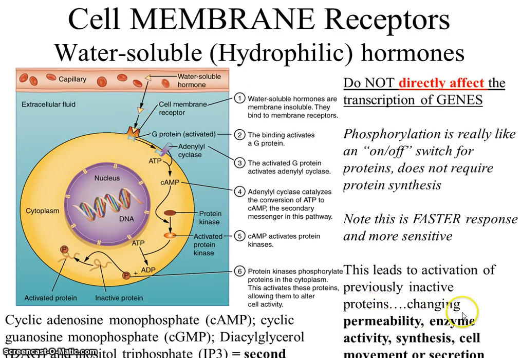So you still get some of the same changes in the end as the steroids would, right? You can alter the permeability of the cell, the activity of an enzyme, as I show you in this circumstance. It can cause the cells to secrete or even move. But again, the difference being that you can't enter the cell, and so what you cause to happen in your target is really indirect.